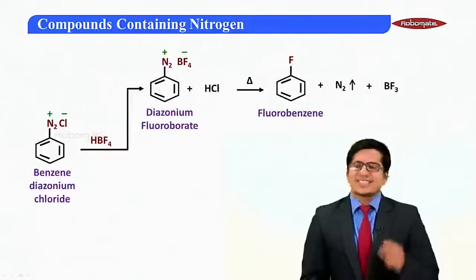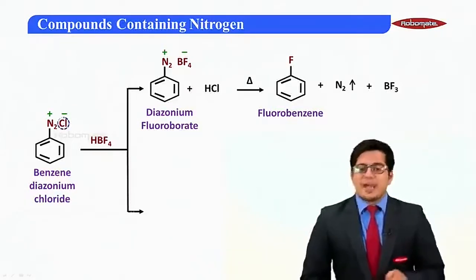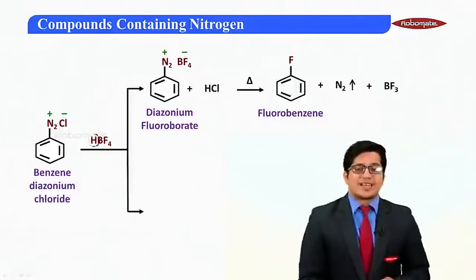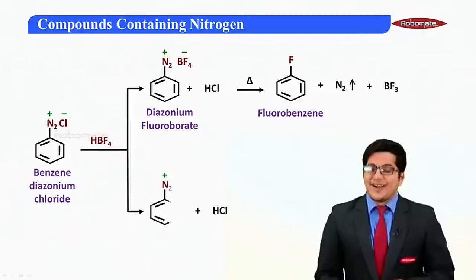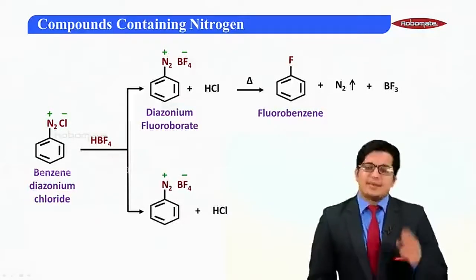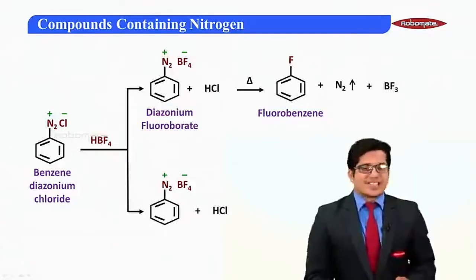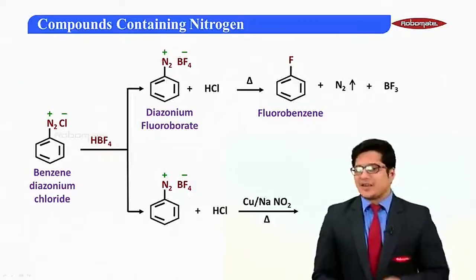If the second condition was taken into consideration, let's see. Again you happen to get the same product, that is diazonium fluoroborate along with HCl molecule. Now what I'm doing is I'm heating it, but heating is done in the presence of copper and NaNO2. Let's see what happens.